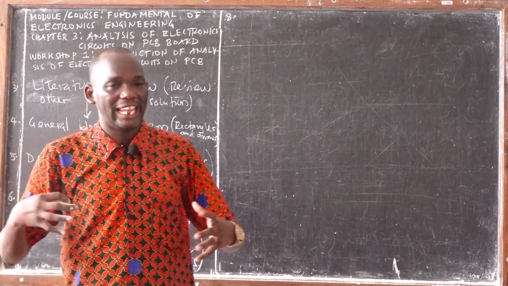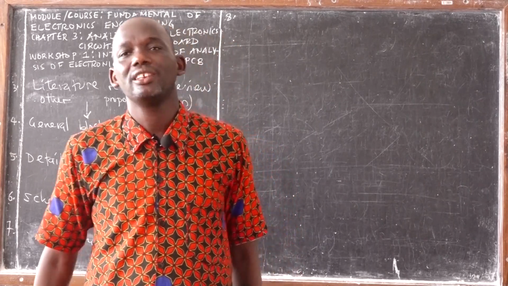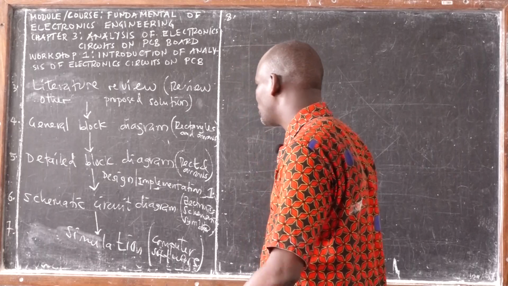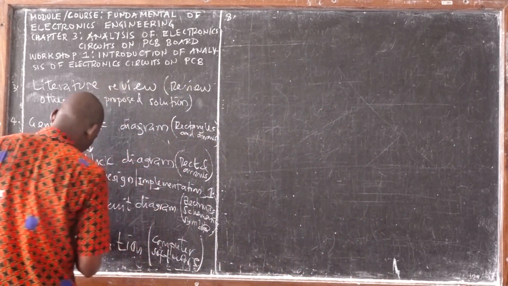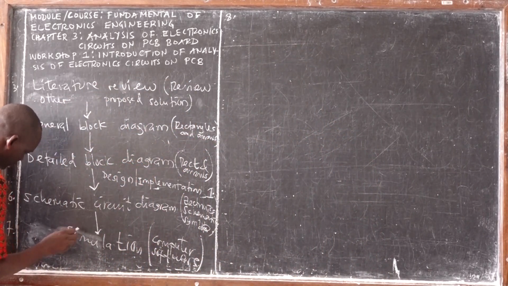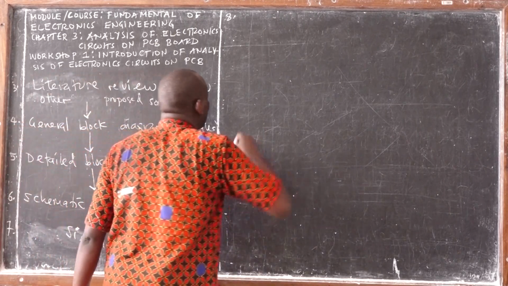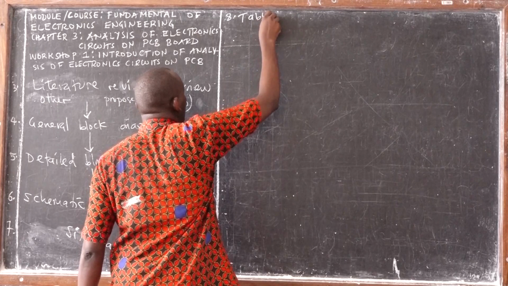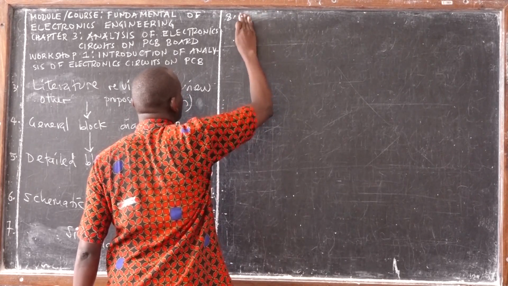Now when we simulate our schematic circuit diagram and we get the results, we can have another part which is very important. Let me just say, open your mind. Here we expect you to have a table of simulation results.